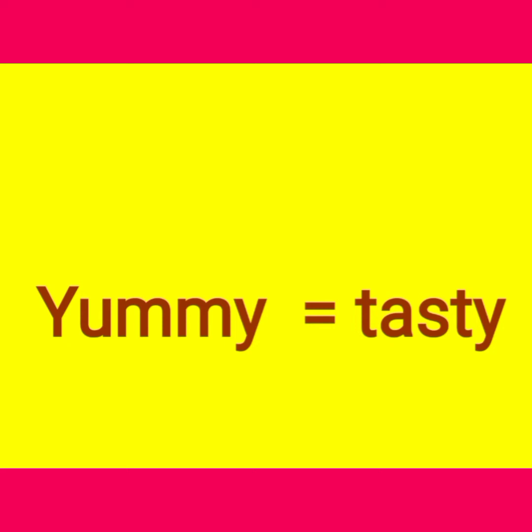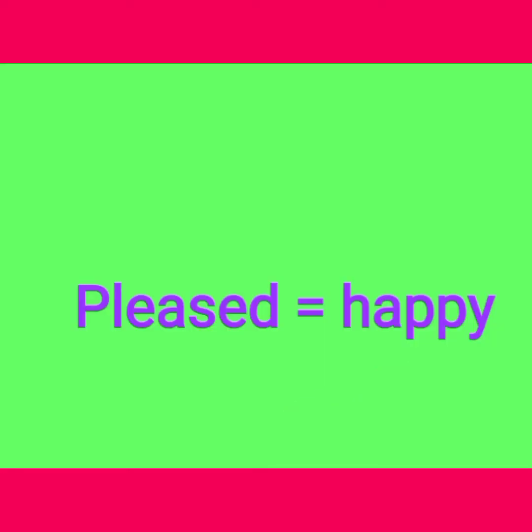What's the meaning for yummy? Tasty. Now see the second meaning. Pleased, happy. Suppose if you are pleased with anyone by seeing the gift, that means nothing but feeling happy by taking the gift.